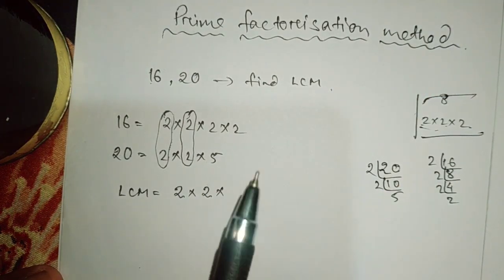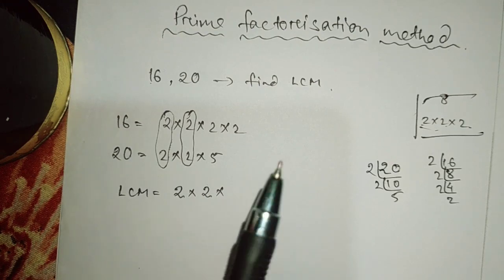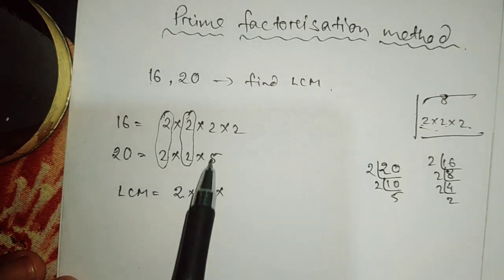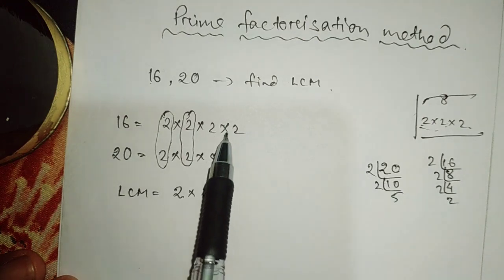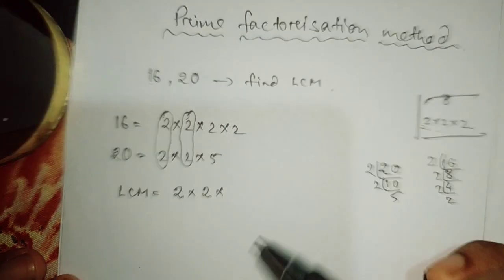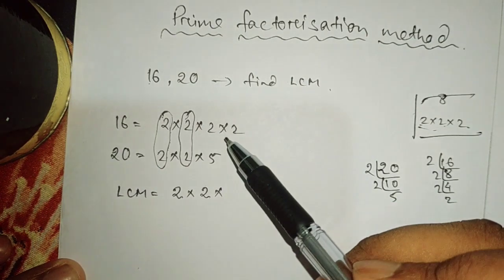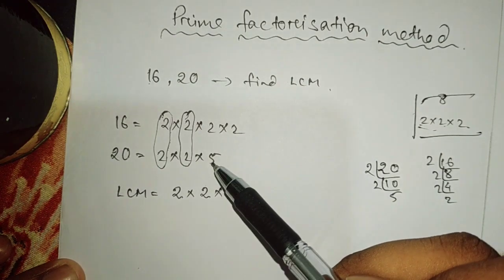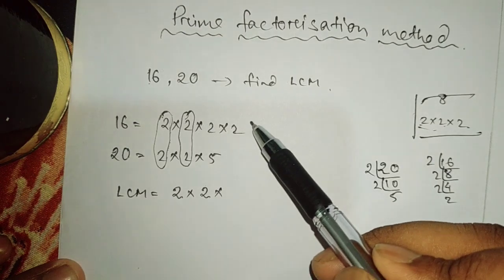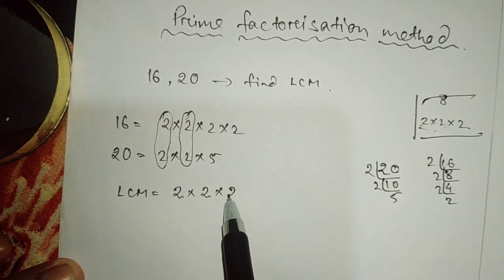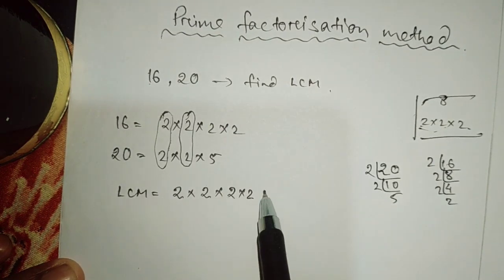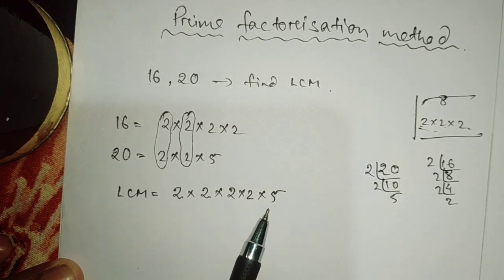In HCF we stopped here because we do not have any more common pairs, but in LCM we will continue. Whatever numbers are left we will write here. What is left? 2 into 2 is left and 5 is left. So we add this 2 into 2 here, and this 5 also, into 5. Understood?